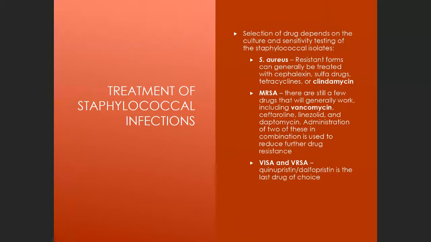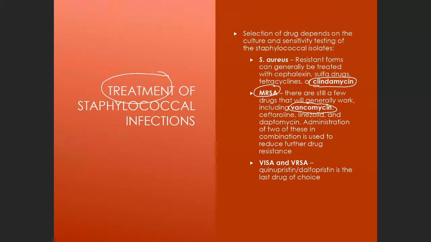Okay, so again, the treatment: if it is just Staphylococcus aureus, they usually use some antibiotics, mostly clindamycin. If it is MRSA, then mostly vancomycin will be used to treat this infection.